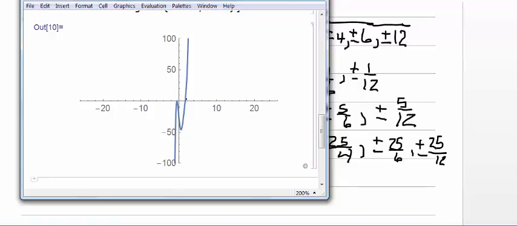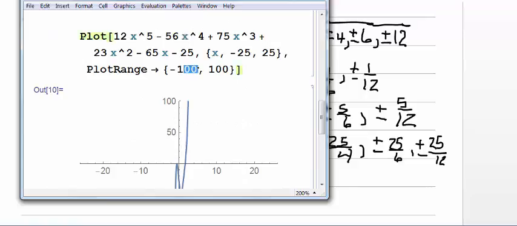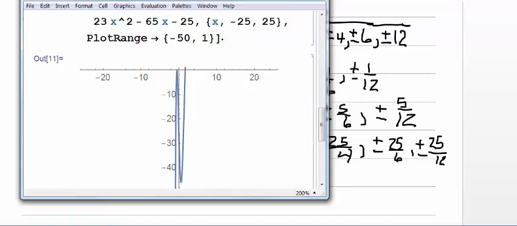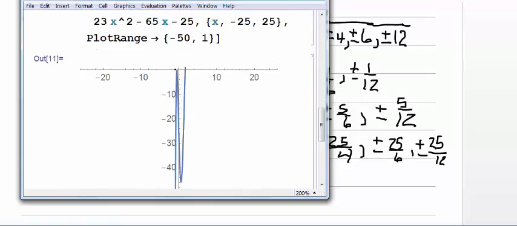Those are x-intercepts. Zeros are the same as x-intercepts. So I'm going to change the range on my y values from negative 50, given what I'm seeing on the graph, to 1. And I can see that's really much better.